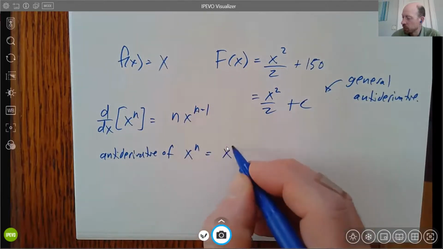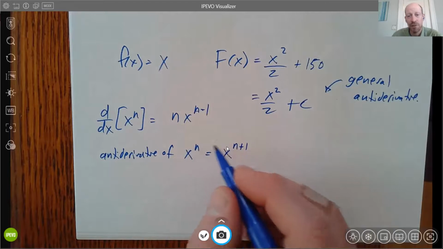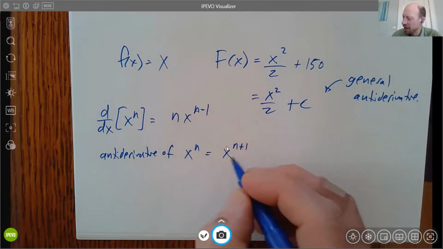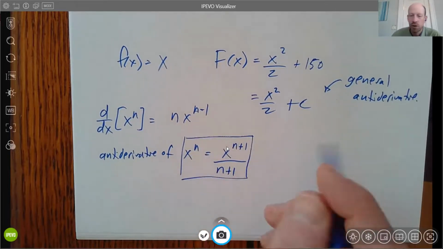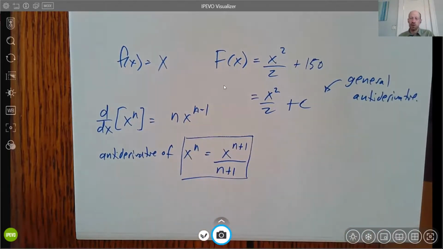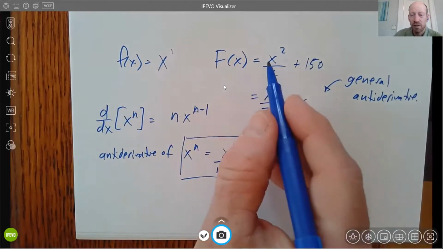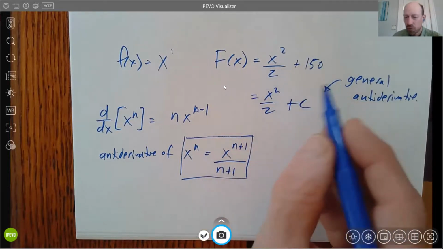Written in the forward direction, I start with n, so I'm going to add 1 to the exponent, and then rather than multiplying by n, I need to divide by n plus 1. So this is an antiderivative rule that is just the reverse of the derivative rule. All right, so here I was really x to the 1, and that became x squared over 2 plus c.